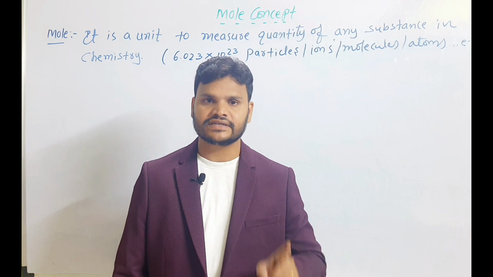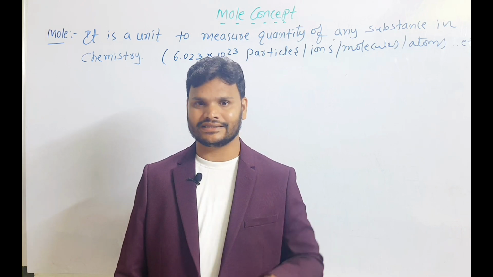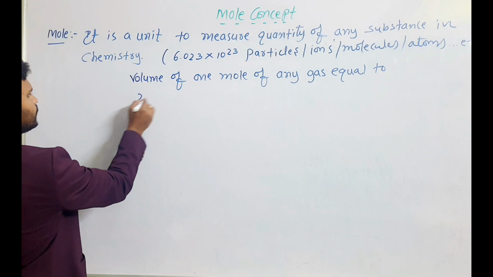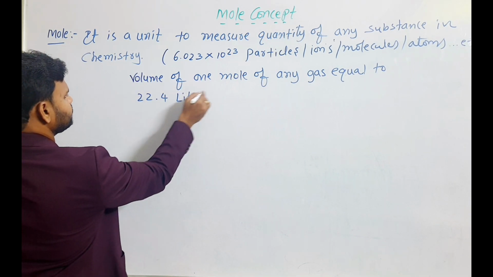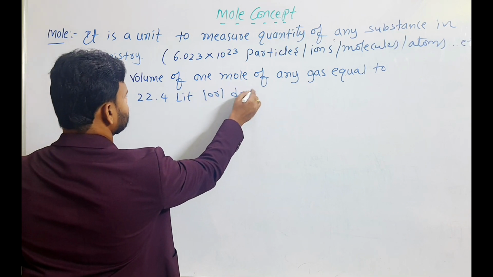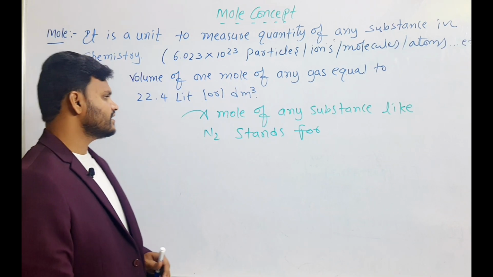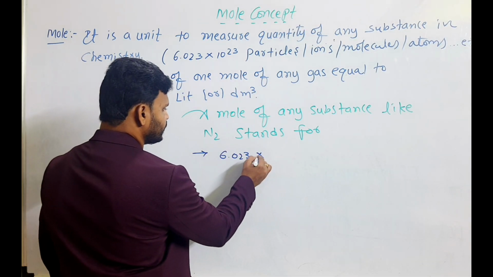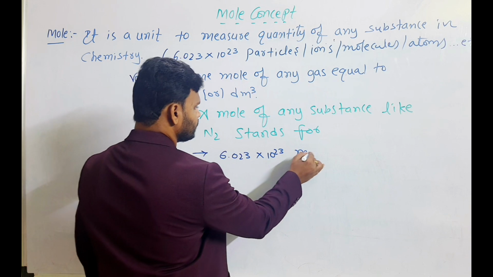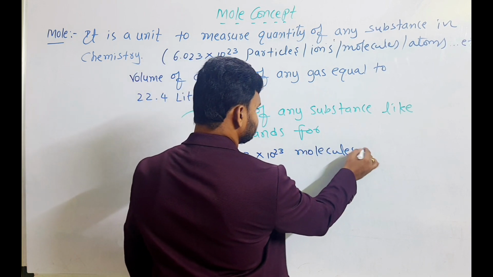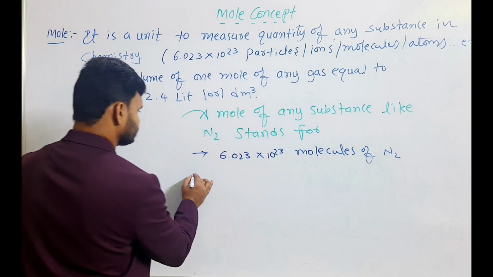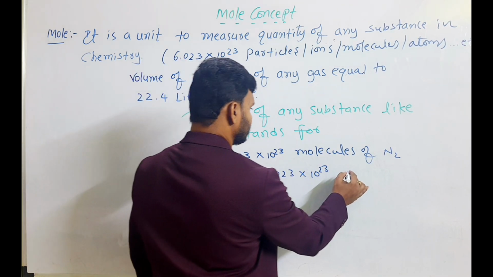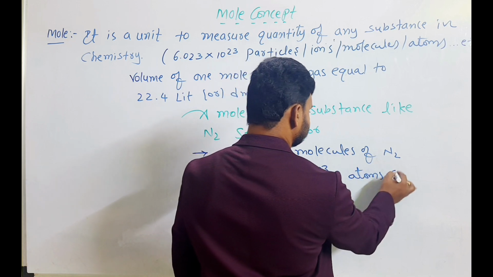Mass in grams is nothing but molar mass. Volume in liters is nothing but molar volume. Volume of 1 mole of any gas equals 22.4 liter or decimeter cube. 1 mole of any substance, like N2, stands for 6.023 × 10^23 molecules of N2, 2 × 6.023 × 10^23 atoms of nitrogen.